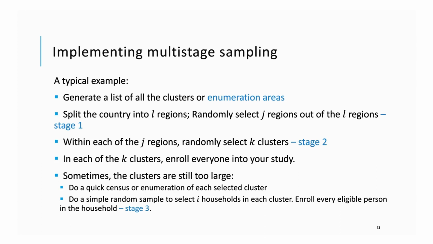But the whole of your data collection activity might be restricted to just about 4 counties in each of 10 states, meaning 40 counties. All your data collection workforce will need to operate within 40 counties in the United States. And when they go to each of those counties, they get a list of the households in these counties, and they randomly select a fixed number of households.